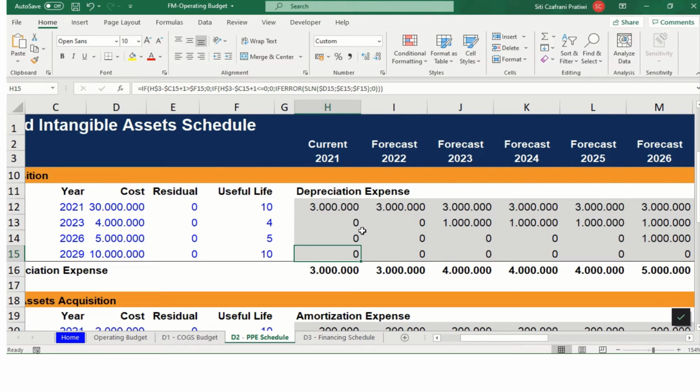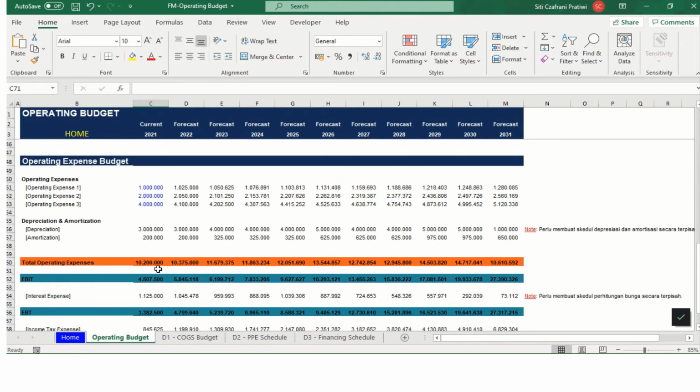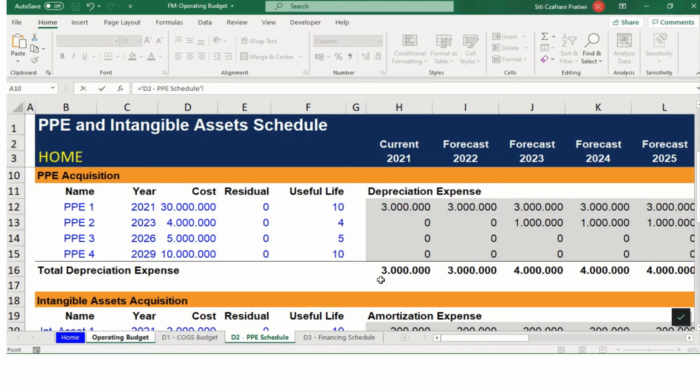So we already have the depreciation expense for each year, and to add the depreciation expense for each year, you can just use sum here. Okay, this is for depreciation expense, and we will use this depreciation expense value in operating budget. So you can just use the depreciation expense value from here.